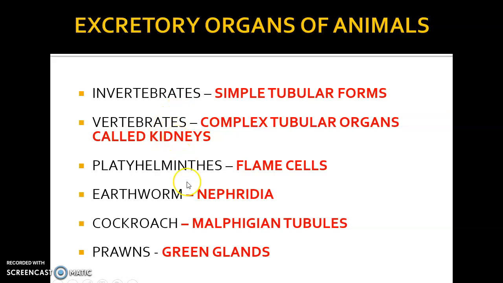In Platyhelminthes, we find flame cells as the excretory organ. In earthworm, we find nephridia. In cockroach, we find Malpighian tubules, and in prawns, we find green glands as the excretory organs. So these are the different excretory organs that we can find in different animals.